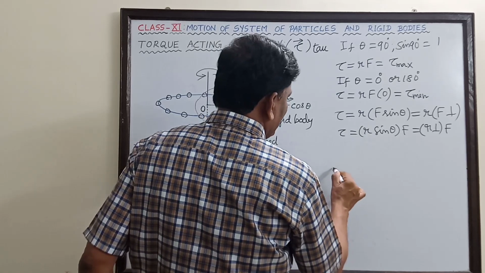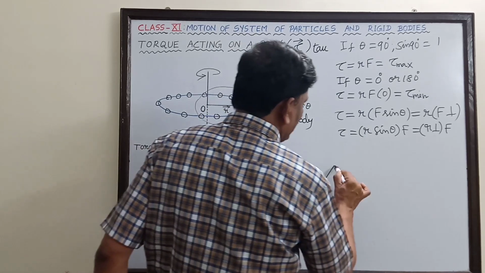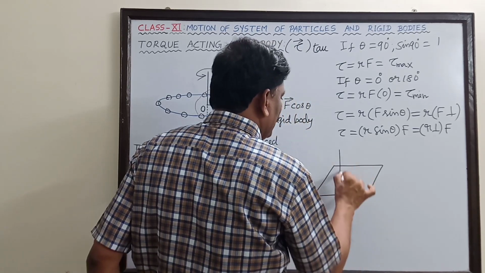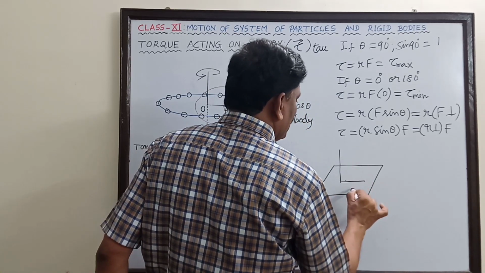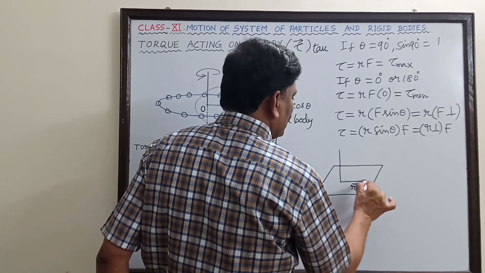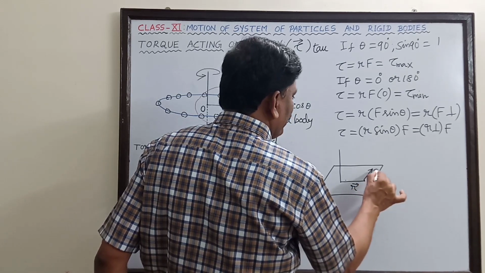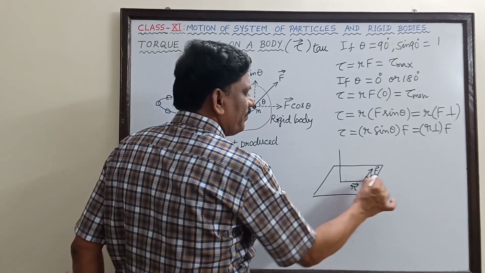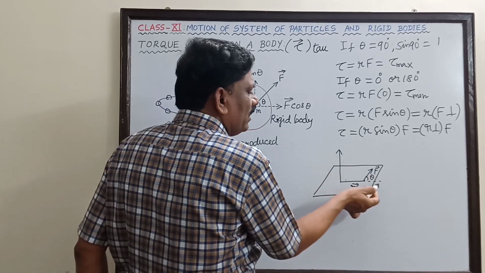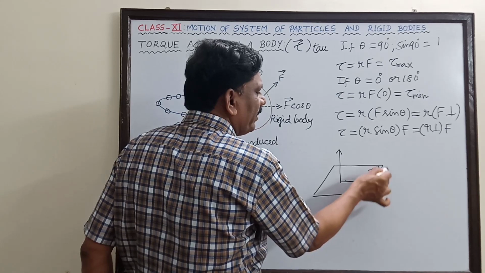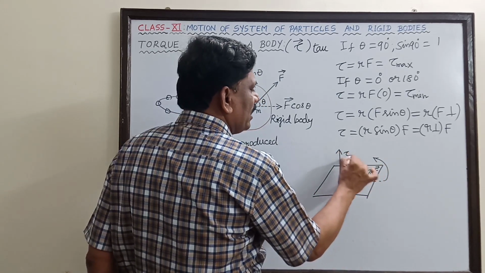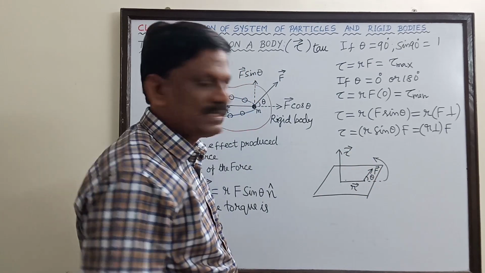So now you see here, R vector and F vector. Okay, so I will take this as a plane, and here this is the axis. So this is the R vector, and this is the F vector, so that this is the angle theta. Now when the R vector cross F vector is taken in the anti-clockwise direction, then the tau vector will be upwards.